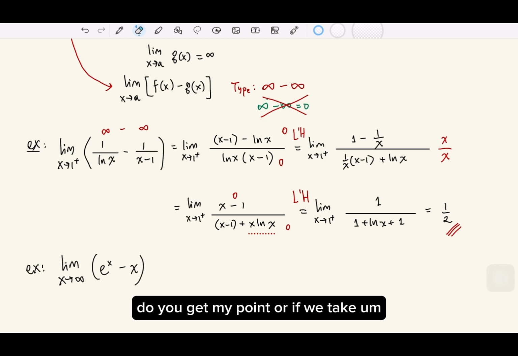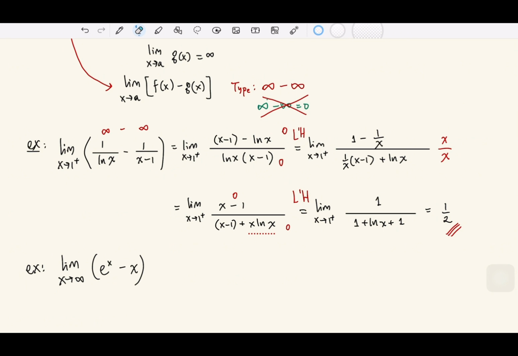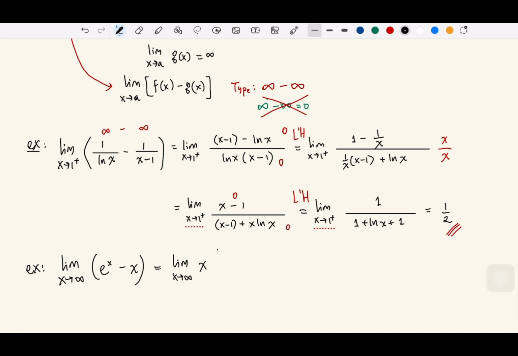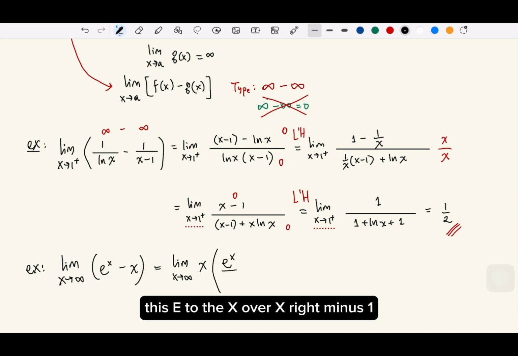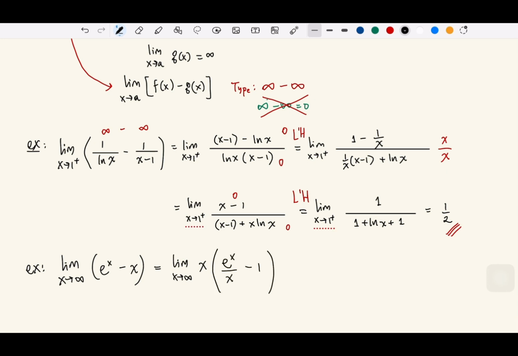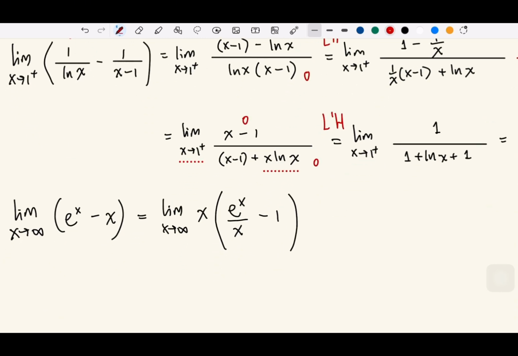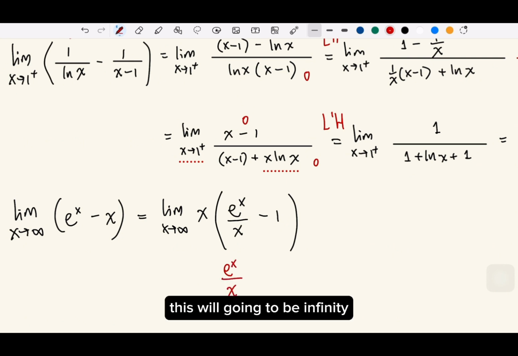Or if we write this and take x outside, this is e to the x over x, minus 1. We are going to see that e to the x over x will go to infinity as x goes to infinity.